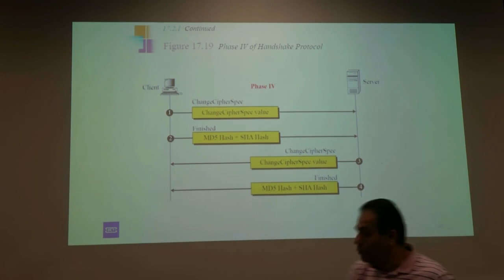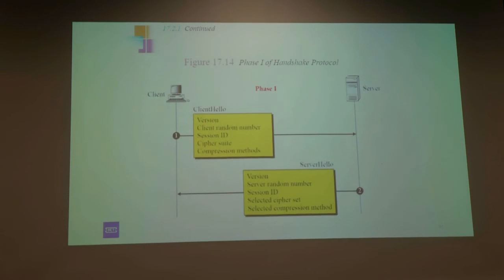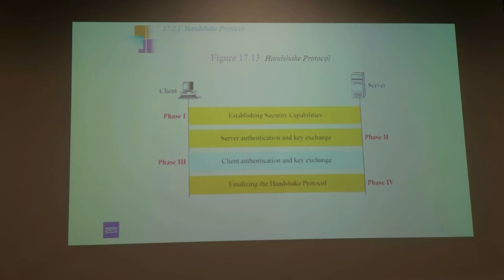How many phases do we have for the handshake? Let's go back and refresh your memory. 4 phases. Phase 1, we know the capabilities. Phase 2, we authenticate the server, and phase 3, we authenticate the client, and then in phase 4 we finalize and enforce it. In phase 1, how many messages are exchanged?